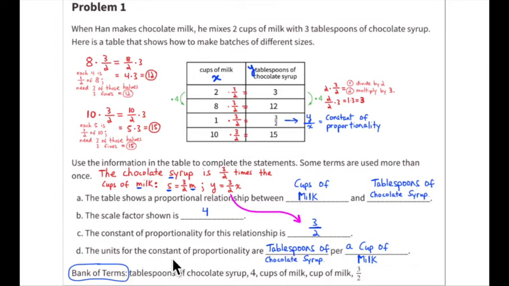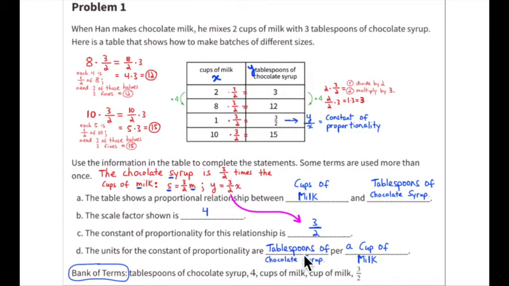And so the units for the constant of proportionality are tablespoons of chocolate syrup per a cup of milk, or per 1 cup of milk. Tablespoons of chocolate syrup. It just says units.